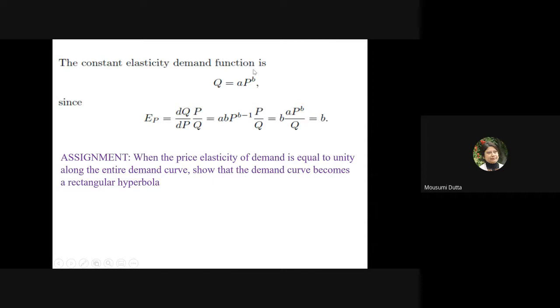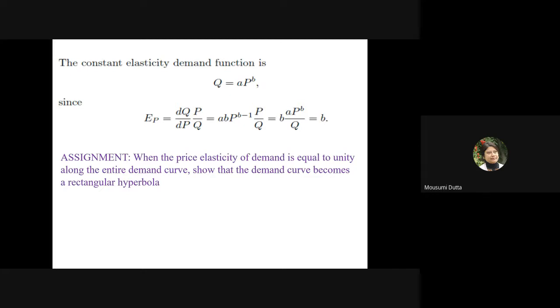Constant elasticity demand function. Now, please write down this assignment. When the price elasticity of demand is equal to unity along the entire demand curve. If I consider a linear demand curve, we understood only at the middlemost point the elasticity is equal to 1.